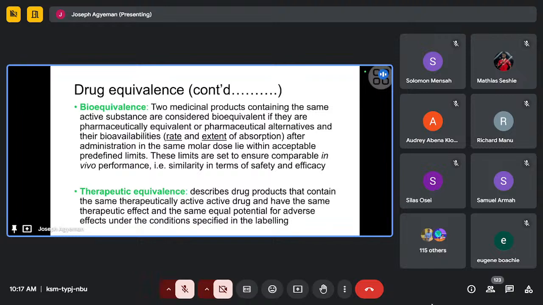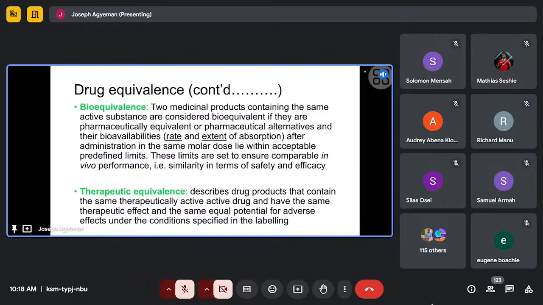As I cited, if your predefined limit is bioavailability of 95 to 100%, once the two drugs, it doesn't matter, they could be pharmaceutical equivalent agents or they could be what? Pharmaceutical alternatives. Once in terms of bioavailability, they fall within your predefined limits, you can say that they are what? Bioequivalent.